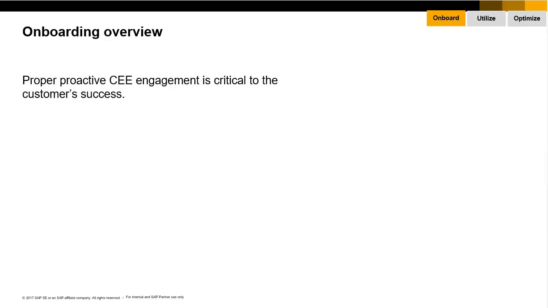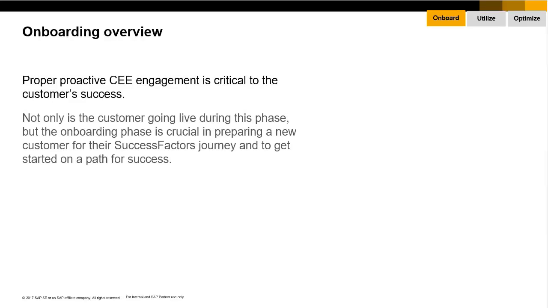Now that we know the onboarding phase is critical to ensuring customer success, transformation, and value realization, let's dig a little bit deeper into the role that the CE plays and why it's so helpful. Earlier, we discussed the importance of proactive engagement versus reactive account management and engagement. Proper proactive CE engagement is critical to the customer's success in this phase.